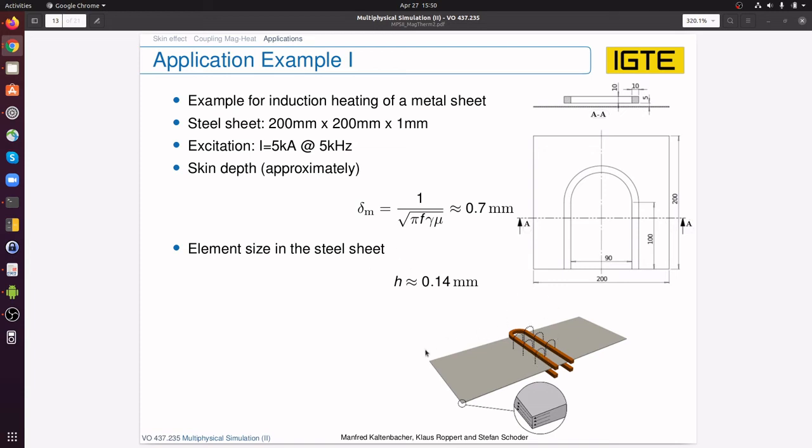But typically for, I don't know, industrial applications, there are empirical formulas, or there are specialists that deal with those inductor designs for their whole lifetime or professional career, so they know which capacities are needed to, I don't know, get this kind of frequency. Yeah, so there's a lot of empirical knowledge also in the field of this induction heating here.